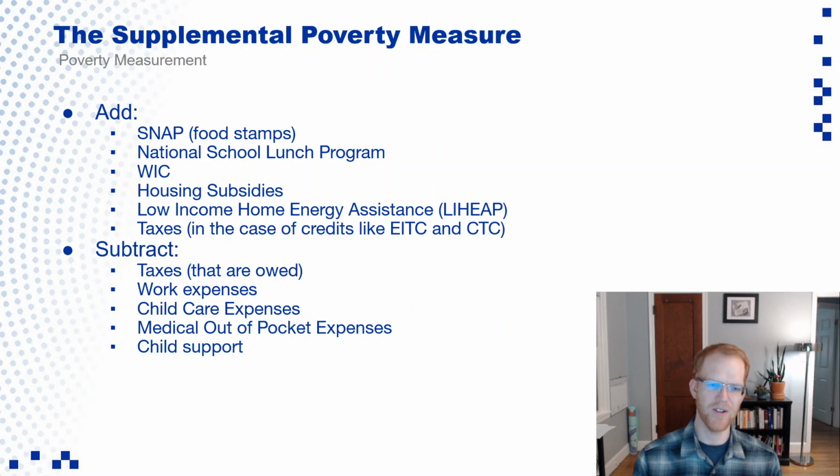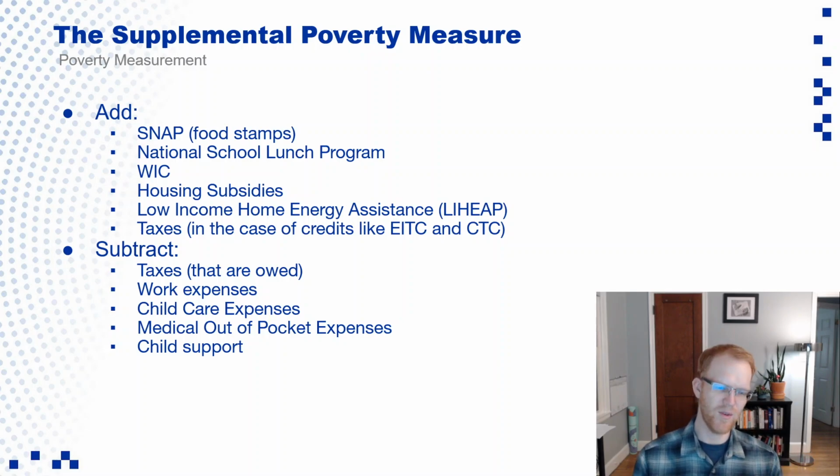There's a program called the Low Income Home Energy Assistance Program, which provides money for utility bills. And then taxes are actually a big place here. By that I mean tax credits like the Earned Income Tax Credit and the Child Tax Credit contribute quite a bit to bringing people above the poverty line, and they're not necessarily counted if they're refundable credits, right?